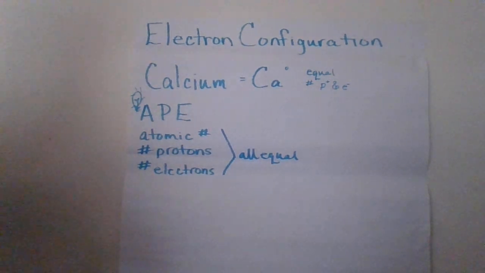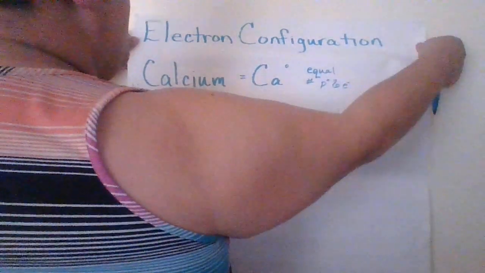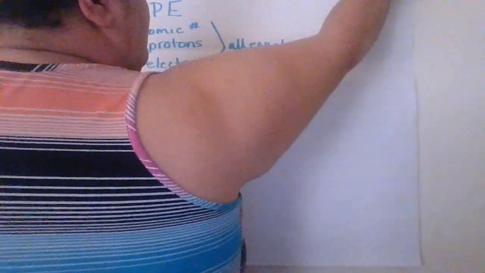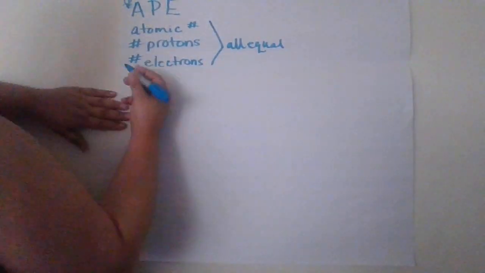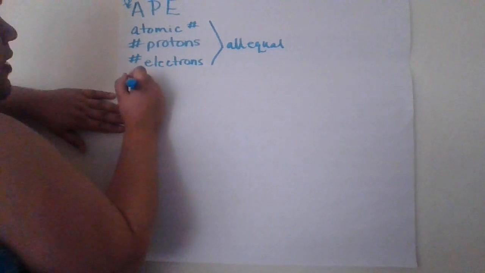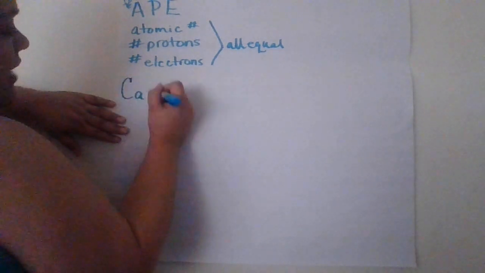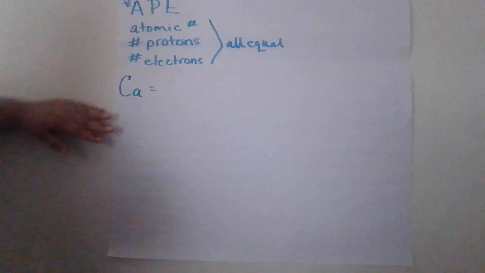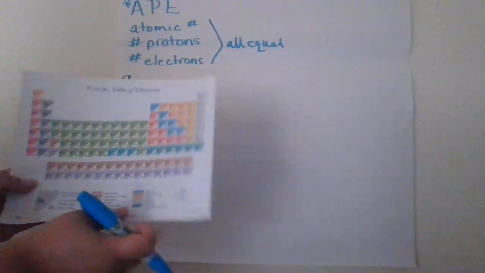So when we're dealing with calcium, in order for us to do that electron configuration, we are going to consider all of the places in which we have to pass in order to reach calcium. Okay? So calcium we know is all the way down here at position 20 on the periodic table.